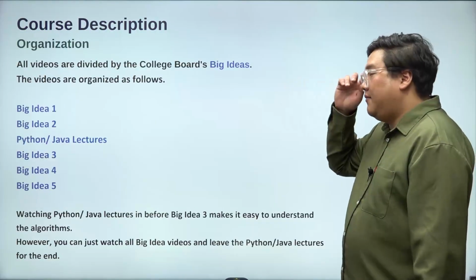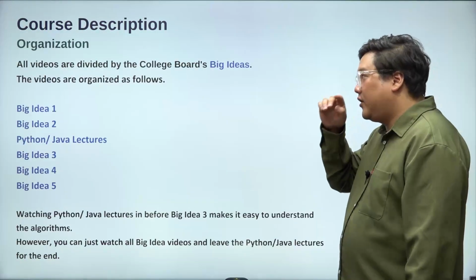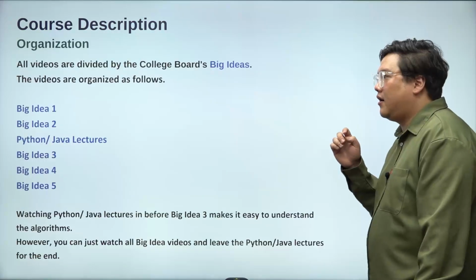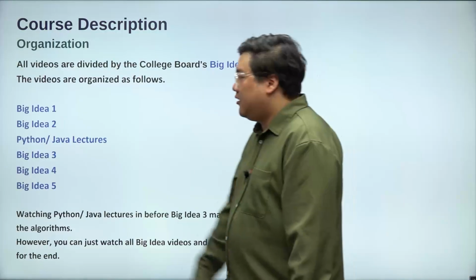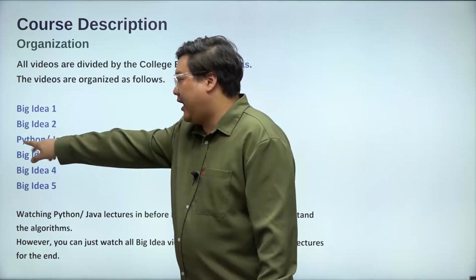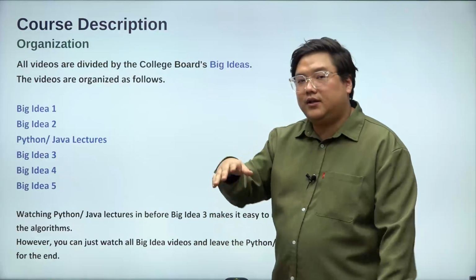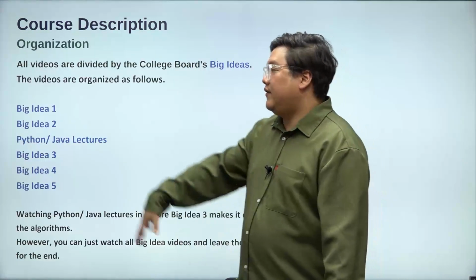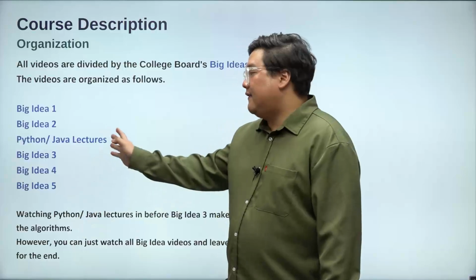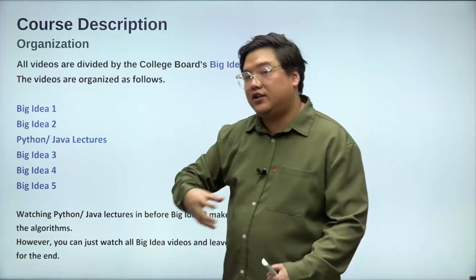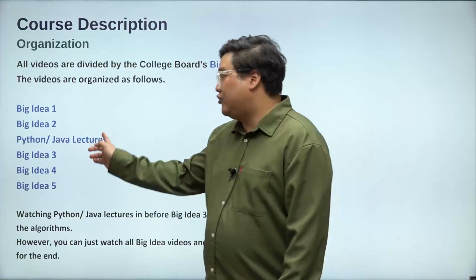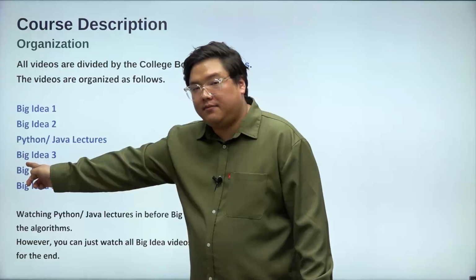All right, so this is how this series is organized. All videos are divided by College Board's Big Ideas. If you look at the organization, I have the Python and Java lectures in between Big Ideas 2 and 3. The reason it's designed this way is if you watch the Python and Java lectures first, that makes it very easy to understand Big Idea 3.